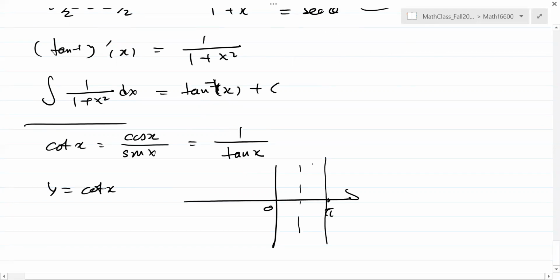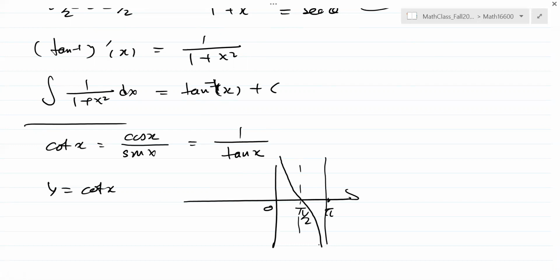So let's look at the cotangent. How does the graph look? I think between 0 and pi over 2, cotangent x is positive, but between pi over 2 and pi, cotangent x is negative. So it's a decreasing function.